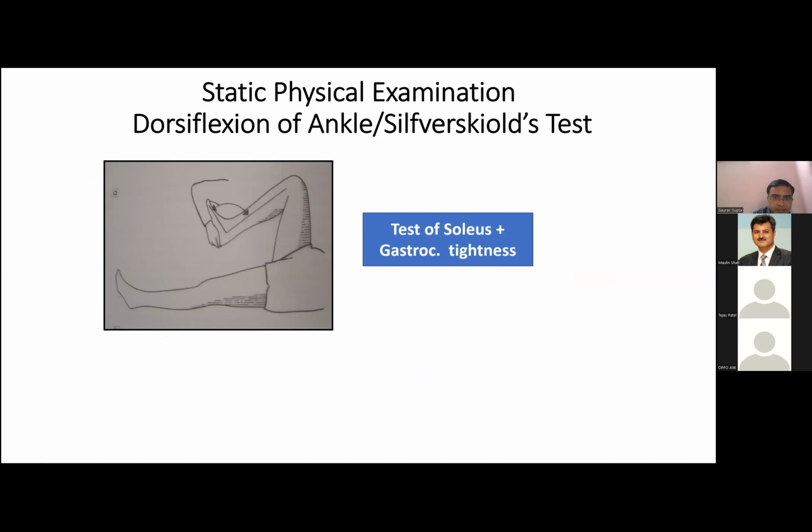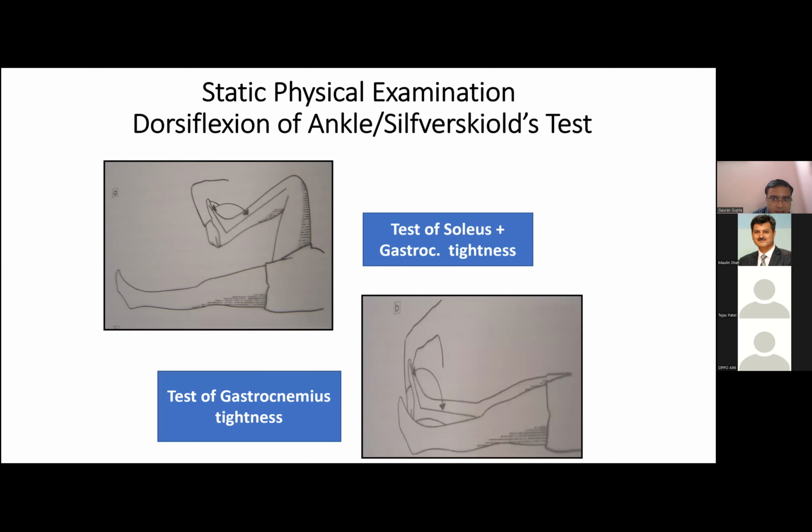So we ask the child to flex the hip and knee of the affected side, and then in slight inversion of the foot, we dorsiflex the ankle and we measure the angle. And then we also measure the angle in knee extension. And on the basis of that, we assess whether there is tightness of isolated gastrocnemius or both.